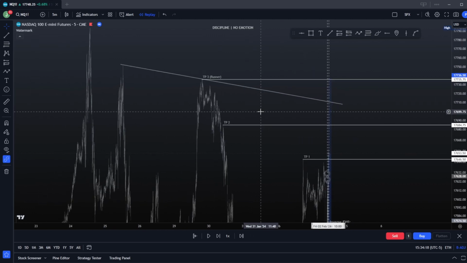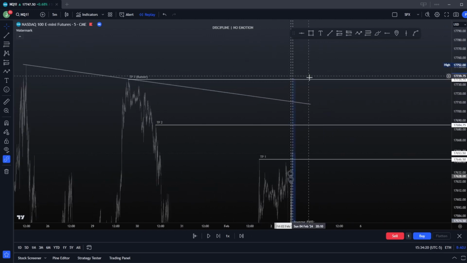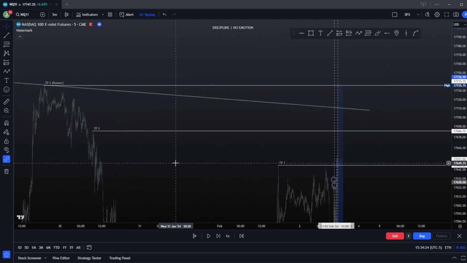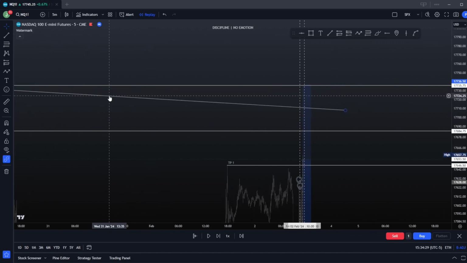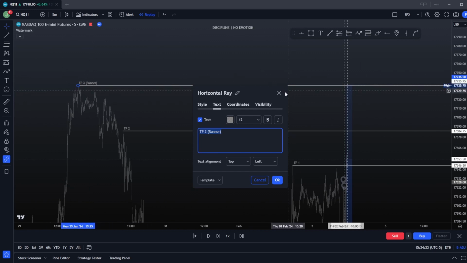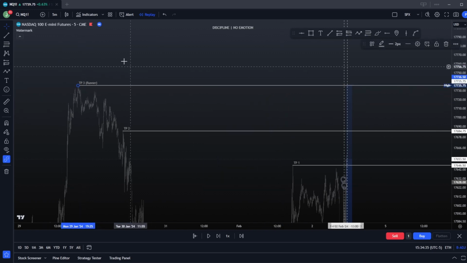So you don't know if it's going to go all the way up here, but that's why I left that as a runner. So that's a secure TP2 that you can place. I actually placed this later on, after price was developing a lot more and after the time zone.